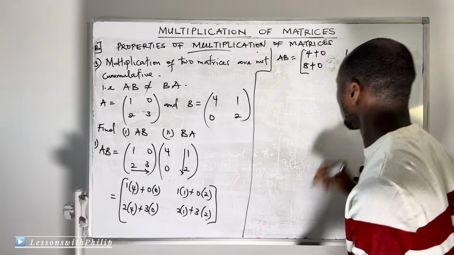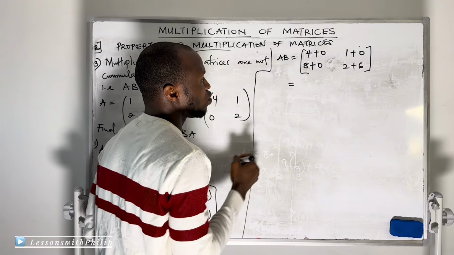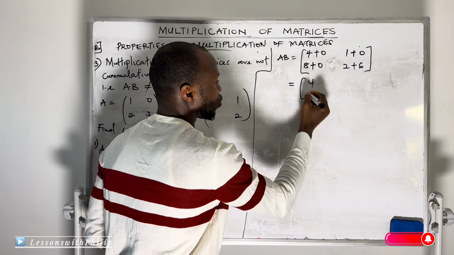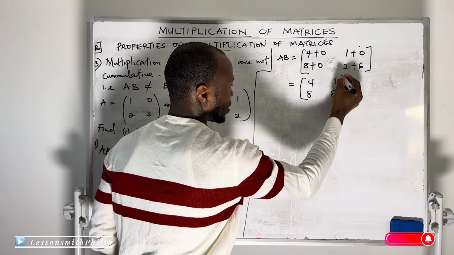Can I continue? That shows that my AB will be equal to the matrix 4 plus 0 is 4, 8 plus 0 is 8, 1 plus 0 is 1, 2 plus 6 is 8.